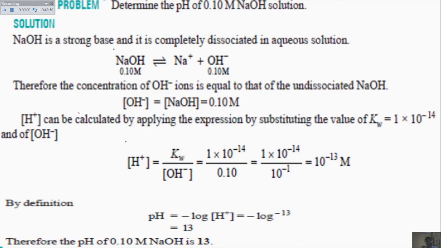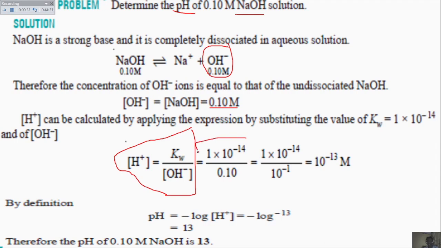Okay, for the base, the same thing as well. We are to determine the pH while we are given sodium hydroxide. In this particular case, I have to get the hydroxide ion out. I have to recall this particular formula: hydrogen plus equals KW, the dissociation constant of water, which is 10 to the minus 14, over OH minus.